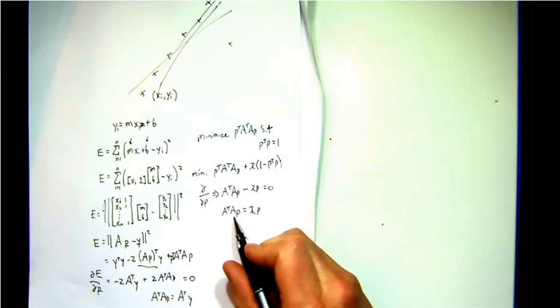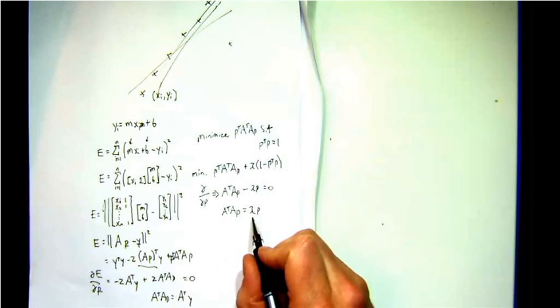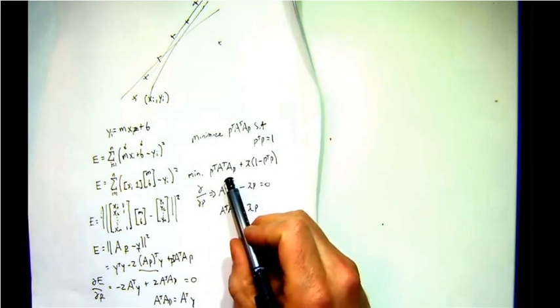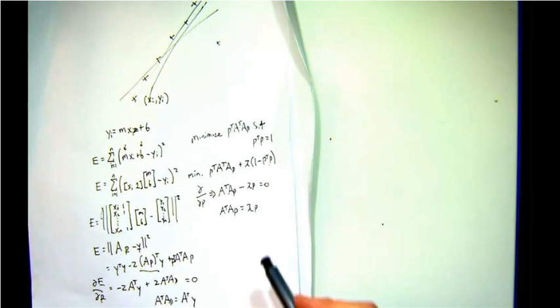If you have A x equals lambda x, the eigenvectors of A will satisfy that equation. So the eigenvectors of A transpose A will satisfy this equation, and the value of p transpose A p will be equal to lambda. So I want the eigenvector that corresponds to the smallest eigenvalue.